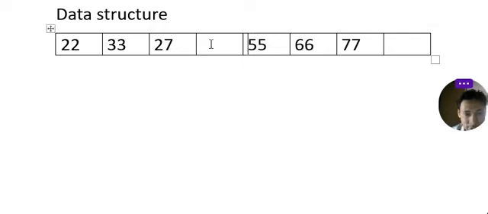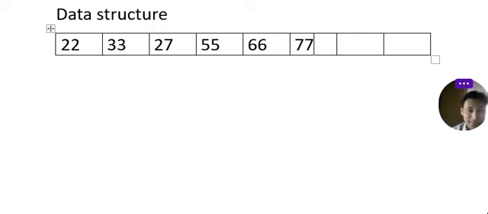Or we can bring these elements one step forward and fill the empty position. Again, this is a time consuming process because we have to shift elements forward. So array, a linear data structure, helps random access and searching will be fast. But when it comes to manipulating data within the array, it will be a very time consuming process.